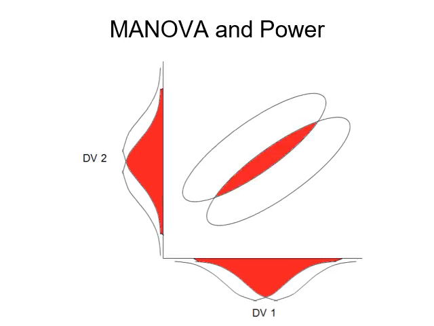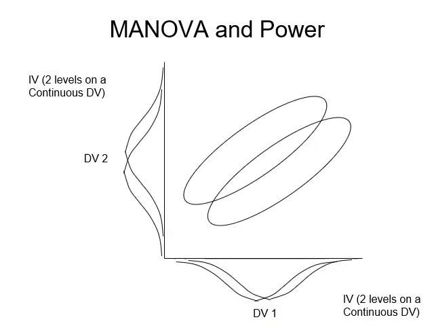But when I look at a MANOVA, there's actually not a whole lot of similarity in the relationship between my IV and the DVs to each other. In other words, they cluster more clearly when they're in a single analysis. This is an example of how MANOVA can actually increase power.